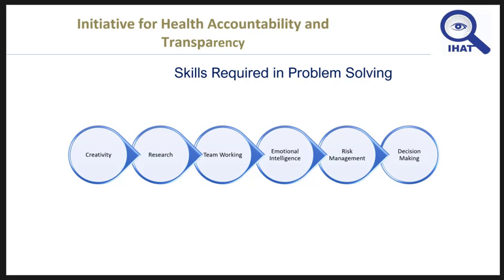Emotional intelligence is another important skill required in problem solving. It is worthwhile to consider the impact that a problem or its solution can have on yourself or on other people. Emotional intelligence is the ability to recognize the emotions of yourself and others, which will help guide an appropriate solution.